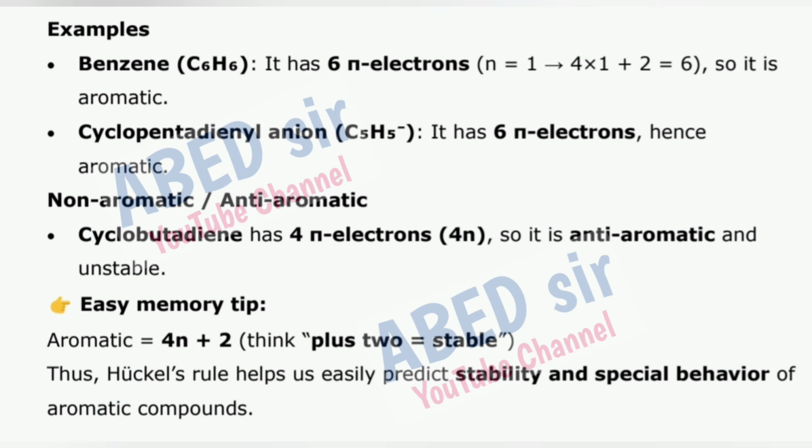Non-aromatic, anti-aromatic: cyclobutadiene has 4 pi electrons, 4n, so it is anti-aromatic and unstable. Easy memory tip. Aromatic 4n+2, think +2 stable. Thus, Huckel's rule helps us easily predict stability and special behavior of aromatic compounds.